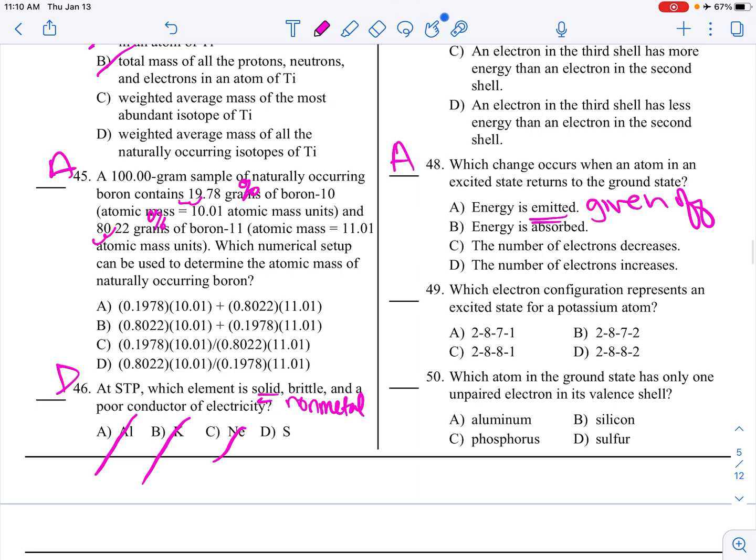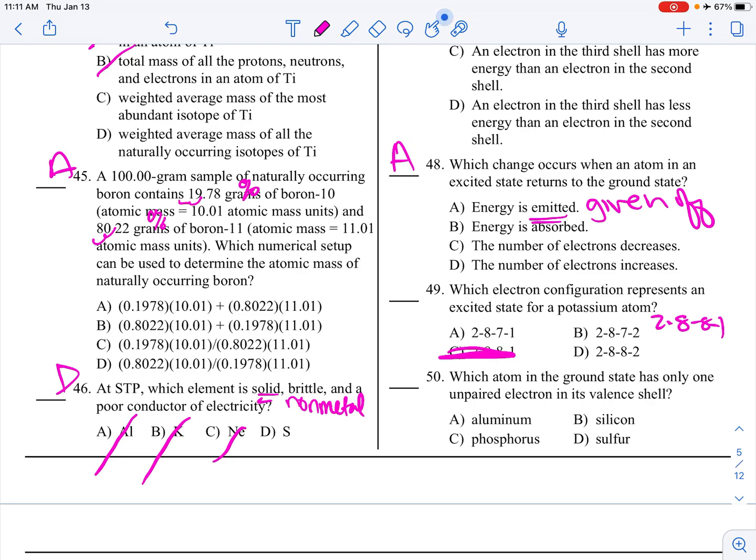Which electron configuration represents an excited state for potassium? So first, let's look for ground. On the periodic table, potassium is 2-8-8-1, which means immediately that's gone because I need an excited state. If any of them don't have the same number of electrons as potassium, which is 19, you're also gone. 2-8-7-1, hold on. Yeah, that's not right.